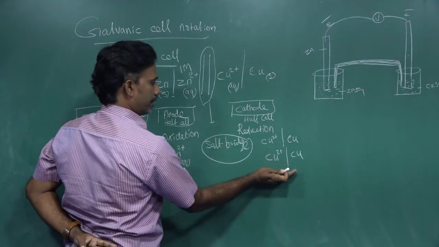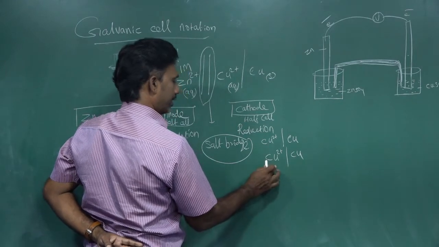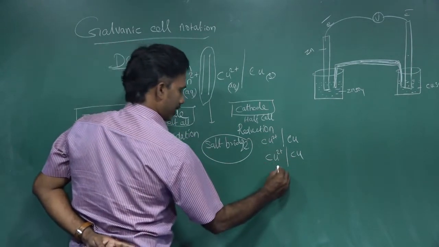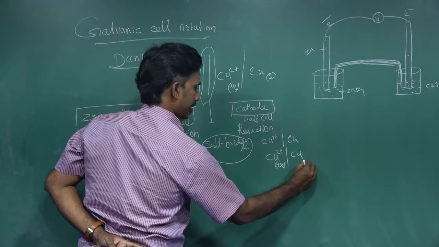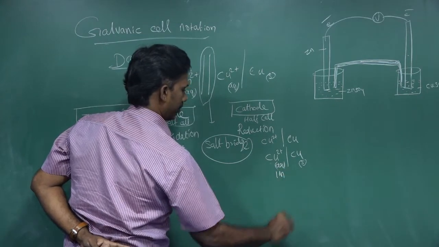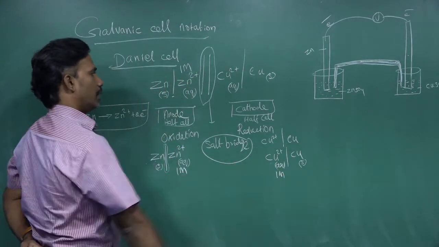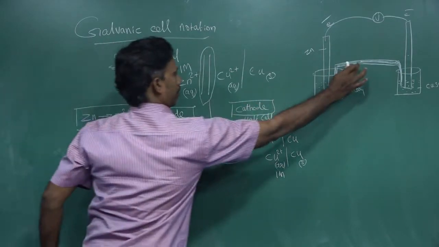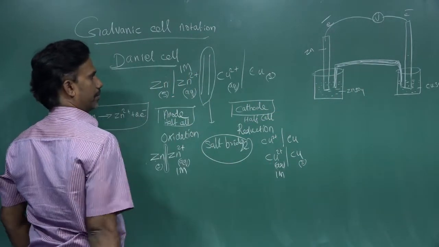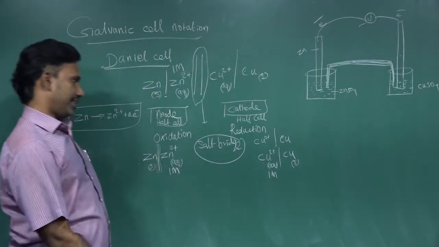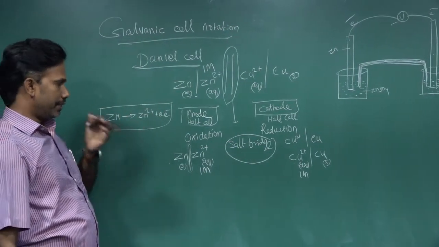You need to mention the aqueous states and the concentration, for example 1 molar. Now the salt bridge connects the two compartments, and the voltmeter measures the potential difference. This is called cell notation.